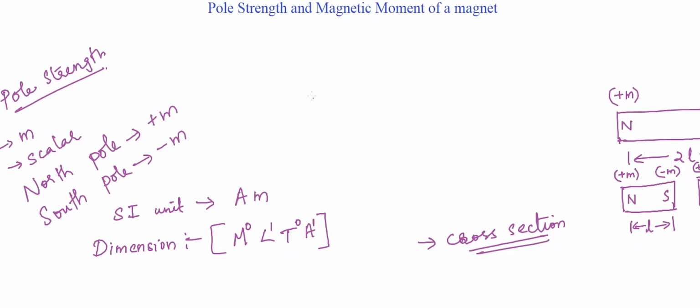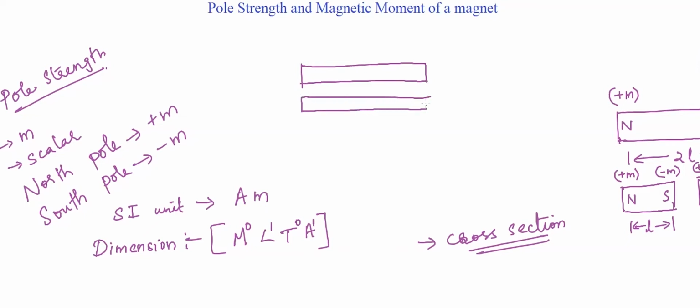Alternatively, if we cut the bar magnet lengthwise into two equal halves, the total effective length will remain constant. Again, we have the poles of the new ones.